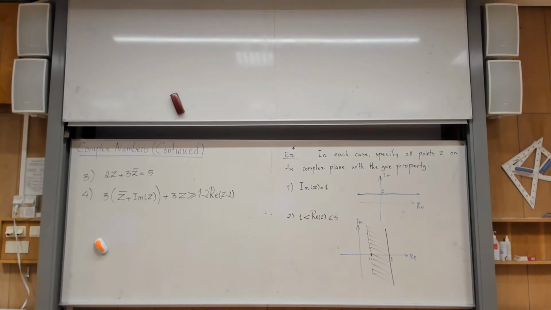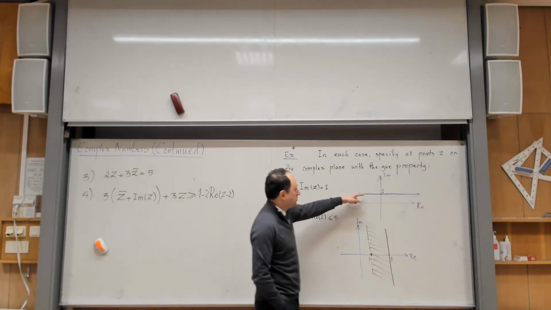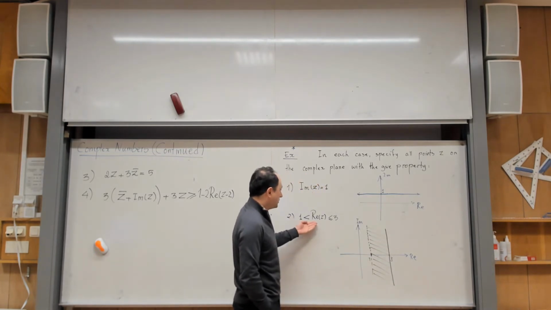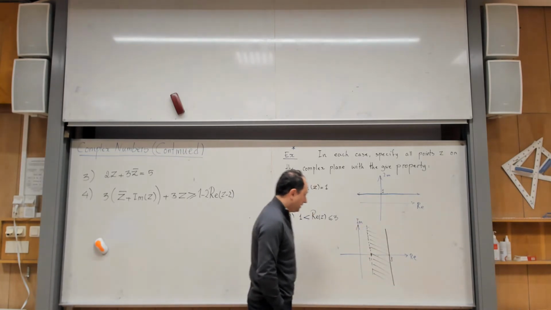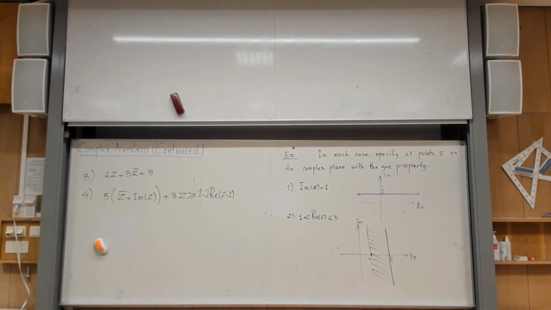Or at least can you tell me how many points you expect? So if I ask you how many points you expect here, you say infinitely many. How many points do you think you will have here?